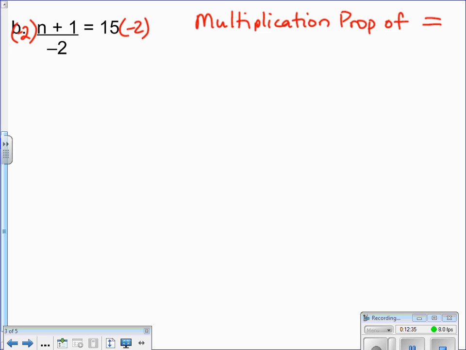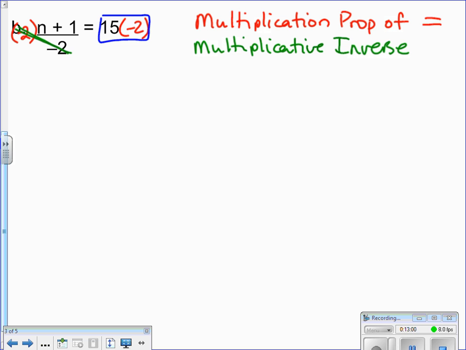Now, actually crossing out those two negative 2's, because a negative 2 divided by a negative 2 is 1. Crossing out two things and making a 1 is the multiplicative inverse. But changing 15 and negative 2 into what they're equal to, which is negative 30, is good. Substitution.